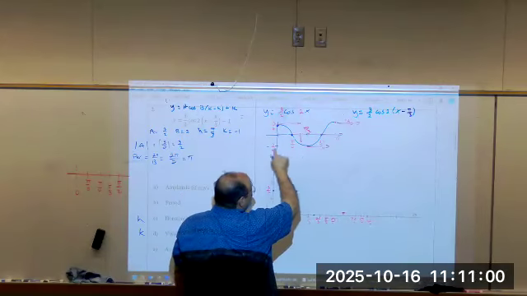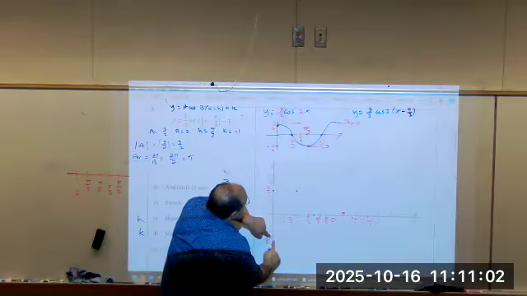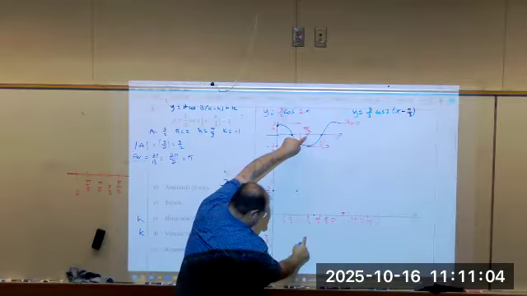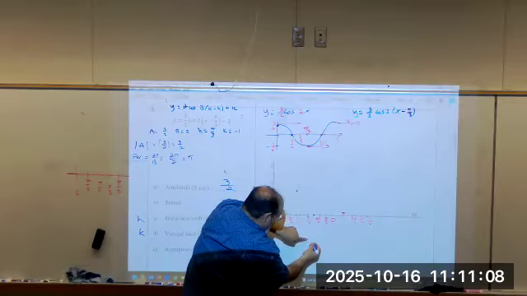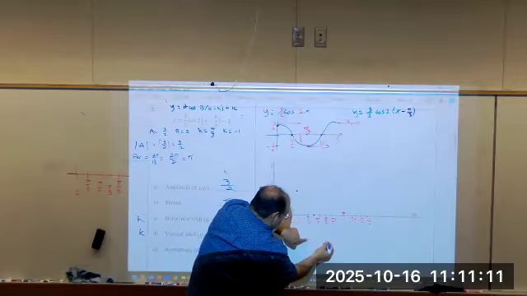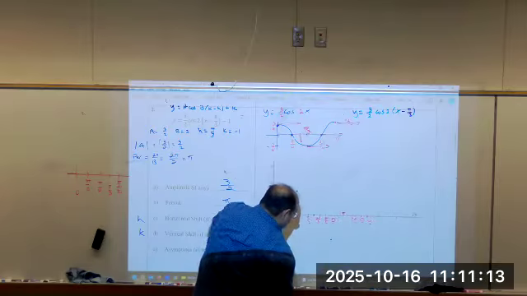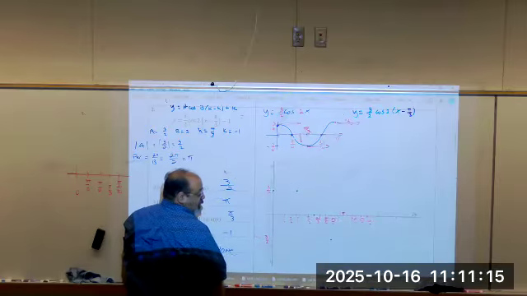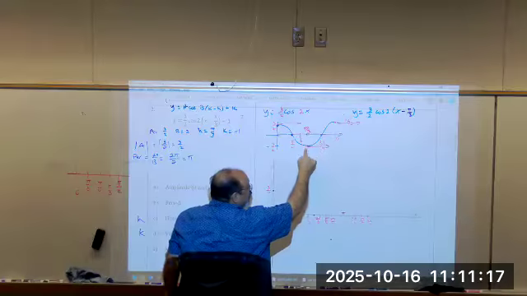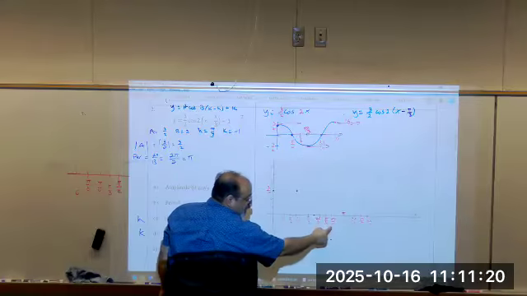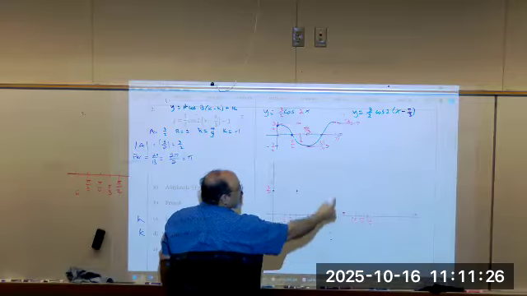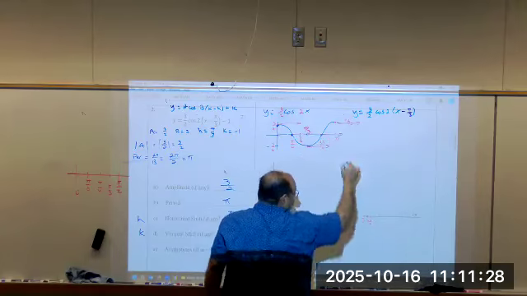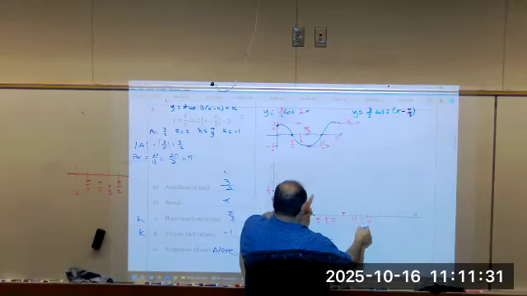So it was negative 3 over 2, and that was at pi over 2. And we're going to move 1, 2, 3, 4, 5, 6, 7, 8. That makes sense because if I go pi over 3 to the right, I should end up at 5 pi over 6. And when this one goes pi over 3 to the right, it's going to end at 4 pi over 3.